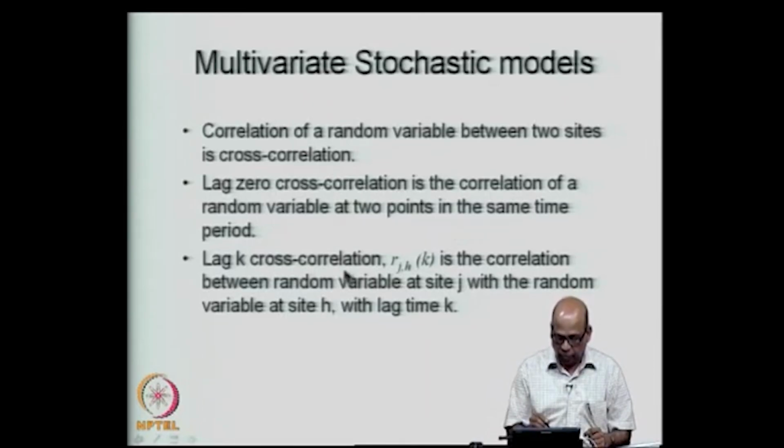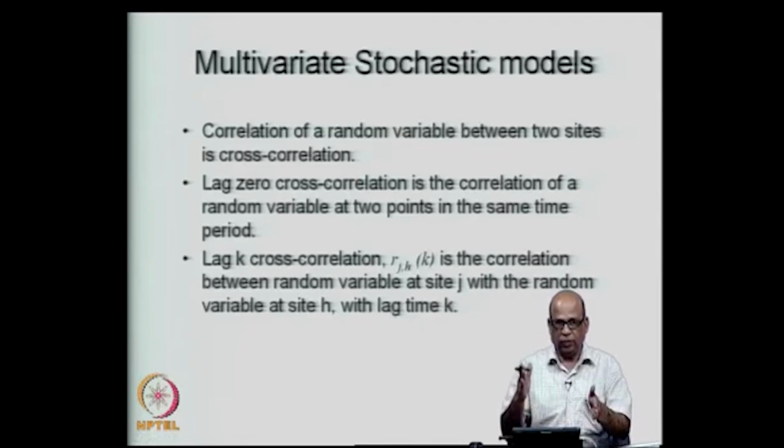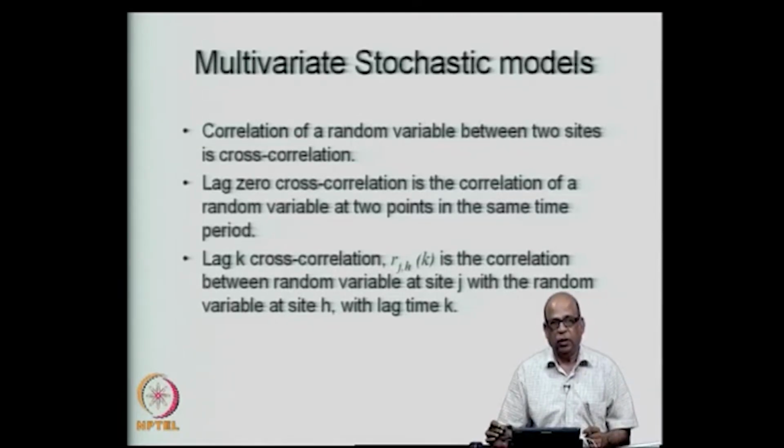So, lag k cross correlation is the correlation between the random variable at site j, flow at site j, with the random variable at site h, which is the flow at site h, with lag time k. As I mentioned, you have time series on site j and site h, you lag it by k time periods and then compute the cross correlation. That is what is called the lag k cross correlation.